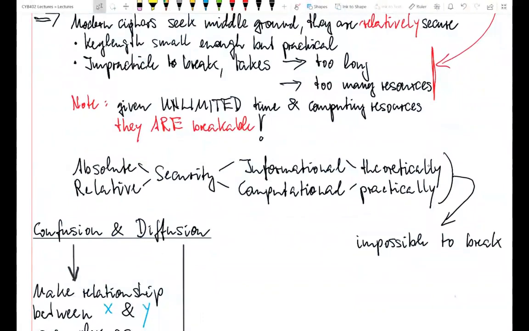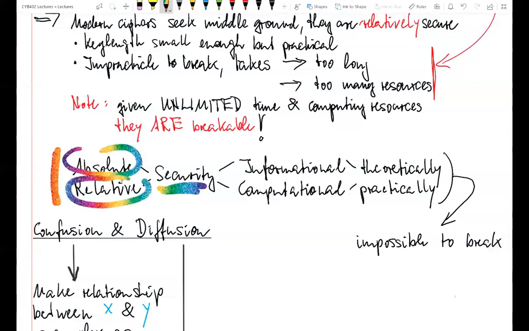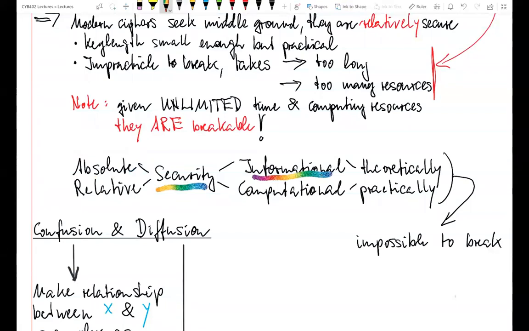So in summary, we can have absolute security, and we can have relative security. Absolute security we call informational security, which means that the ciphers are theoretically unbreakable.